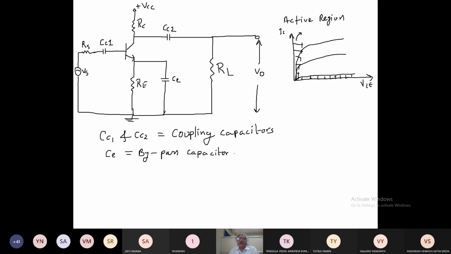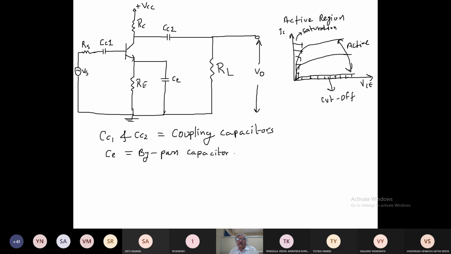And this is your cutoff. So your transistor should work between these regions, and this whole is your active region. So your transistor should work in the active region.